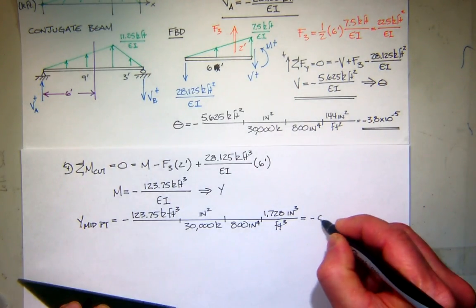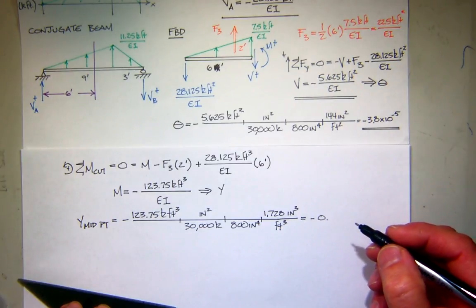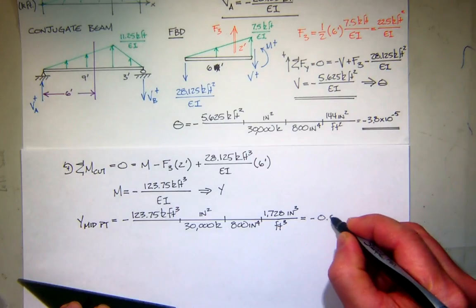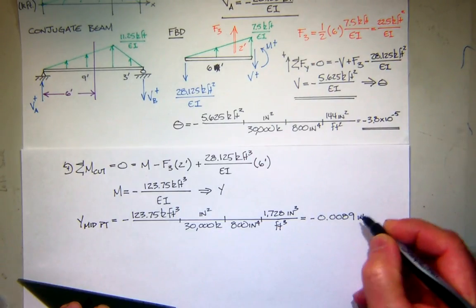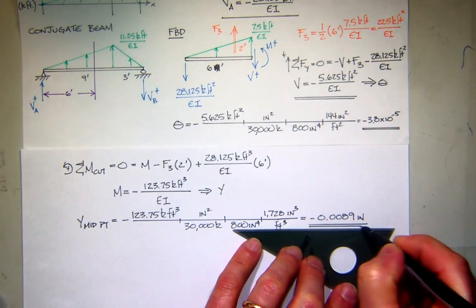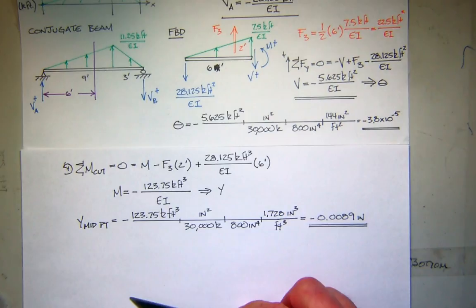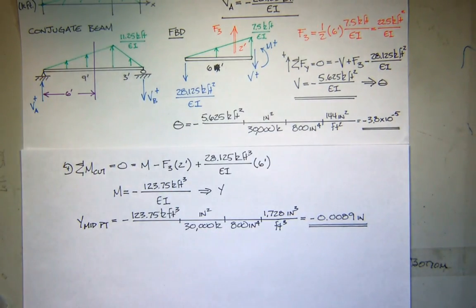That's pretty small, whatever it is. I think it's less than 1. What'd you get? Negative 0.00891. You got that? Now on the exam, I may help you a little bit by just asking you to leave the value with E and I. I may not give you a numerical value.